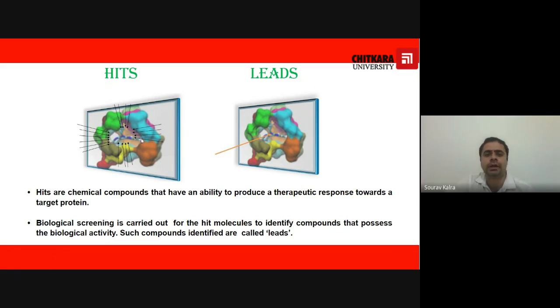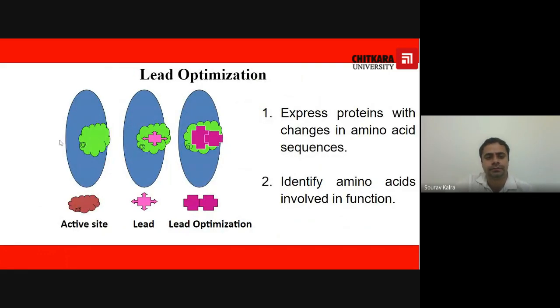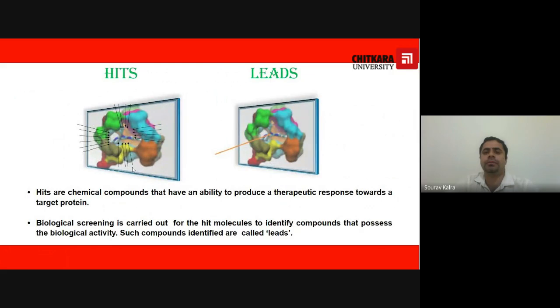Out of 40, if 20 compounds fit into this cavity, these 20 compounds can be called hits. If only one molecule has good activity when the biological screening is carried out for these hits, then this hit containing good biological activity is called a lead.